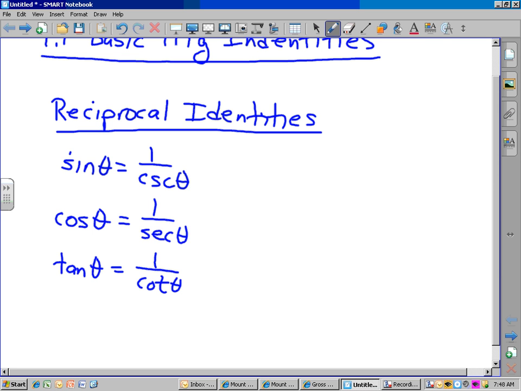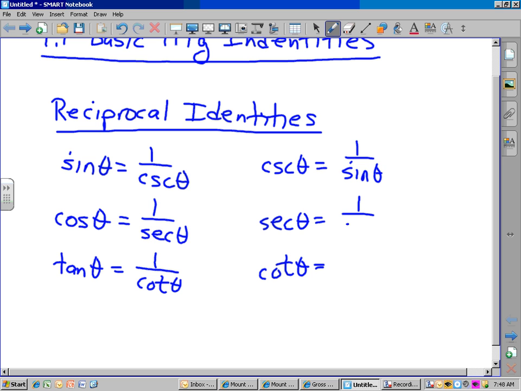So you already know some of these, right? Then we'll do the opposites. So cosecant, secant, and cotangent. What do you think those are? All right, 1 over sine, 1 over cosine, and 1 over tan. Those are the reciprocal identities. Like I said, those you already know.